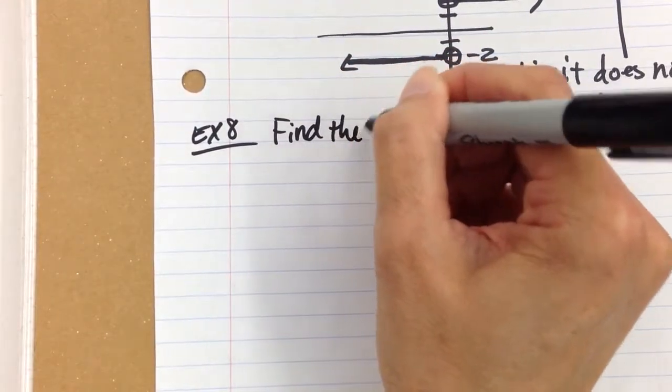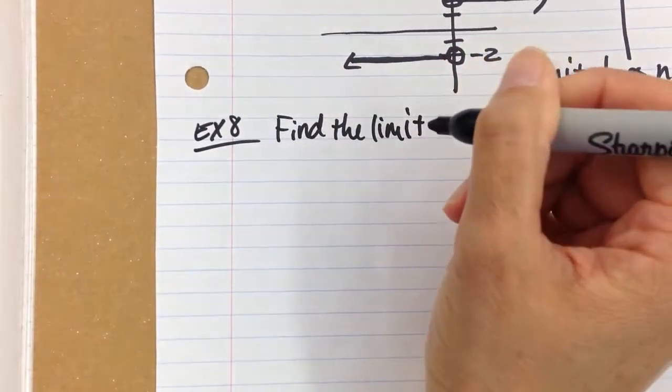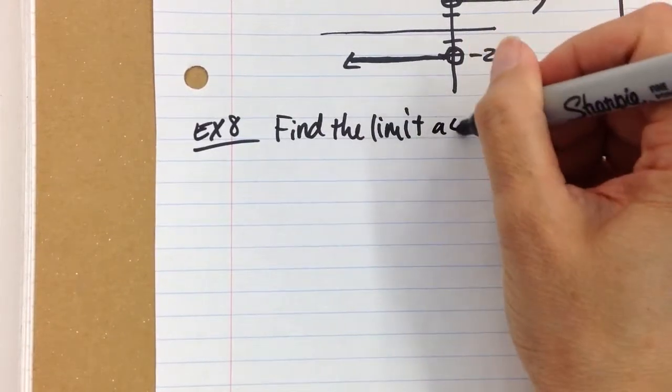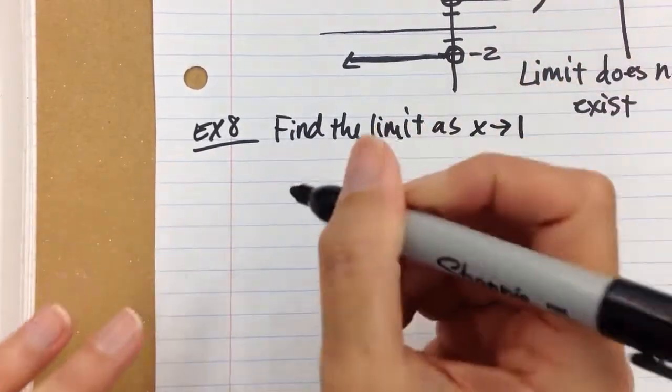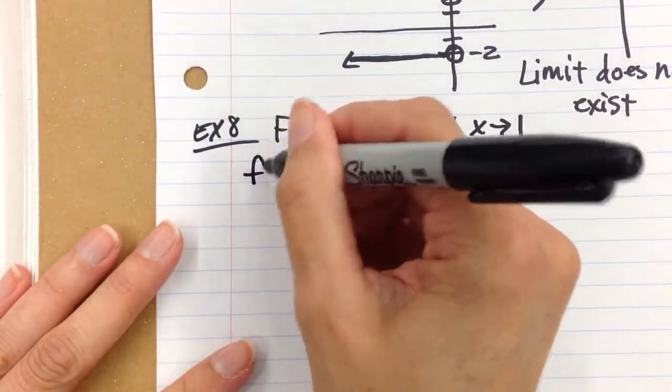So find the limit as x approaches 1 of f of x.